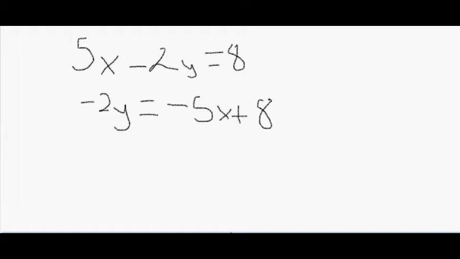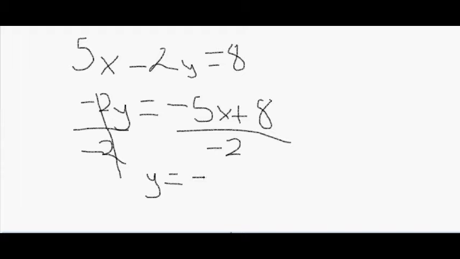Now we divide both sides by negative 2. So we have y equals negative 5 over negative 2 x plus 4, since 2 goes into 8 four times.